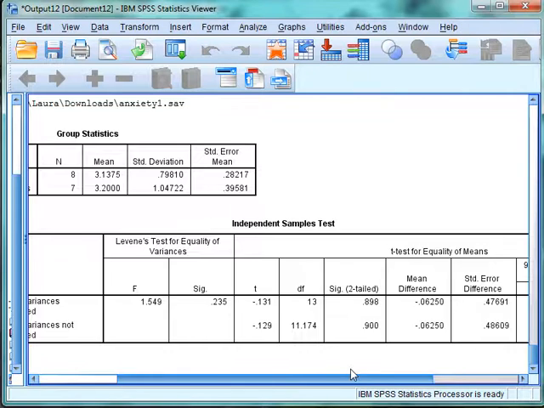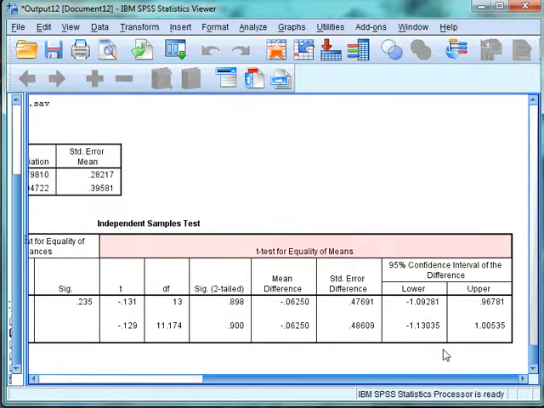If we scroll across, we can look at the values under the t-test for equality of means. The first values we're going to look at are the t-statistic and the significance value. The t-statistic is minus 0.131 and the significance value is 0.898.